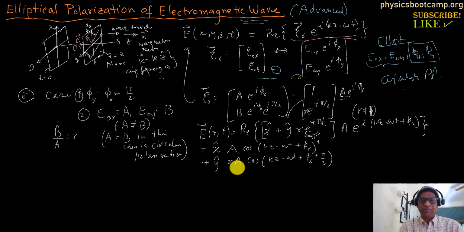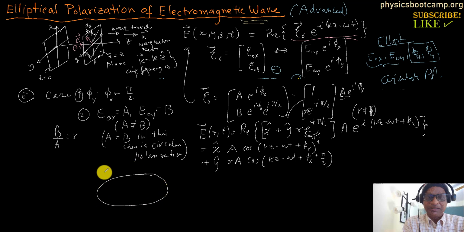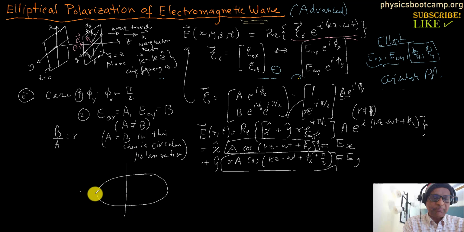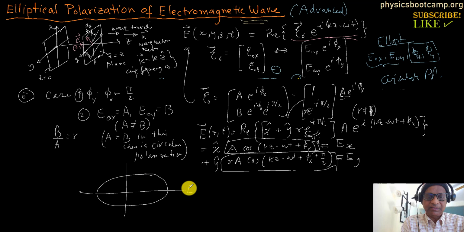So you can see now we have a situation in which this is the Ex, and this is the y component Ey. So if I plot, this axis will be along the Ex and along the Ey, and so we're going to plot not along x and y but along Ex and Ey.